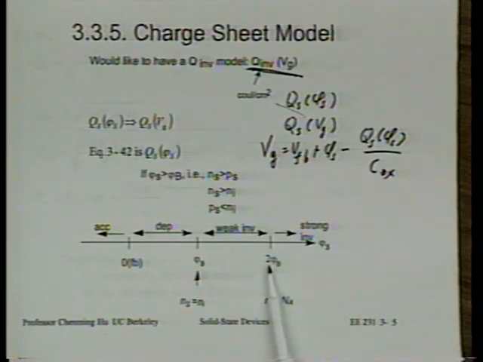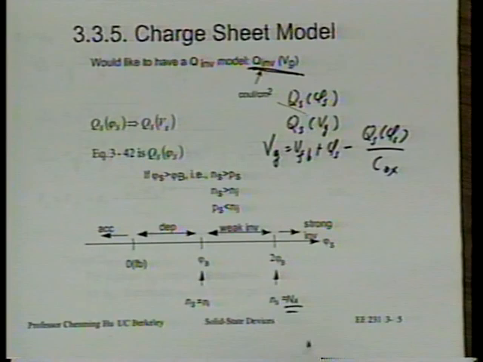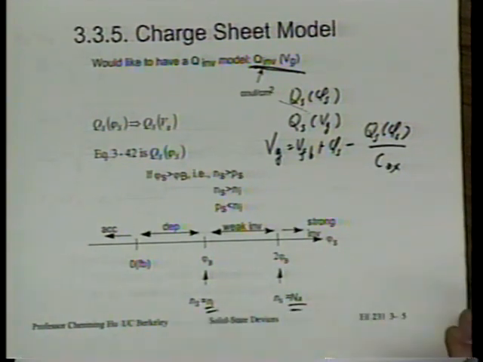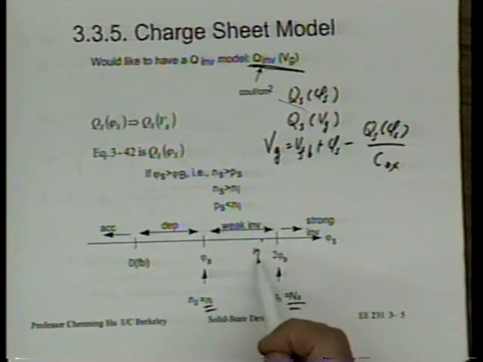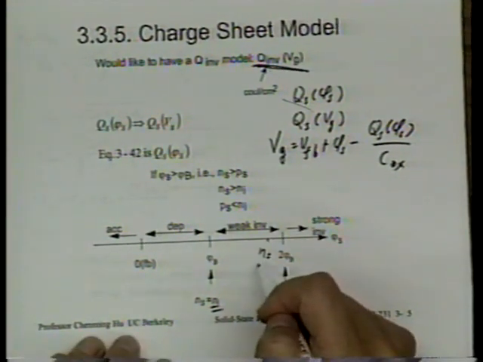When phi s is larger than 2 phi b, we have so many electrons, such a high density of electrons, that we have inverted the surface. The question is, when phi s is between phi b and 2 phi b, sure, the electron concentration is not as large as 10 to the 17th, but it's larger than 10 to the 11th, 10 to the 10th, and certainly it's larger than the hole concentration at the surface, right? Somewhere here, we may have an electron concentration equal to 10 to the 15th.